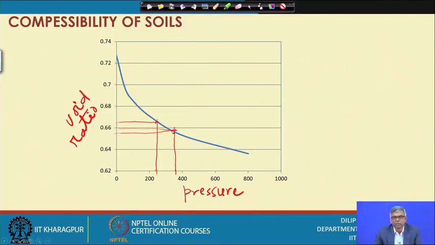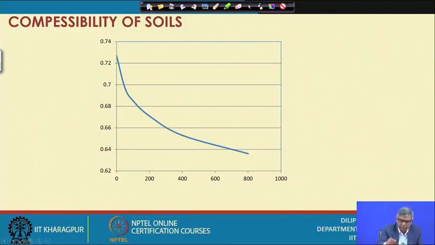These two values of e we estimate or read from this graph, and then I will go back to the equation for volume compressibility, and using that I can find the coefficient of volume compressibility.